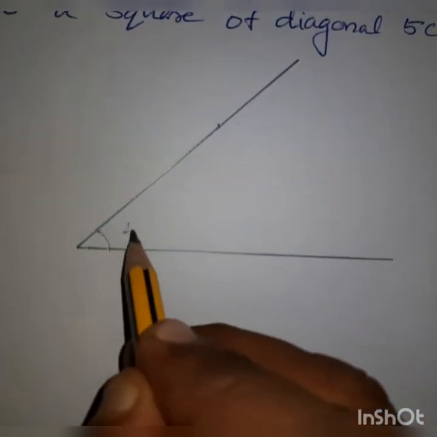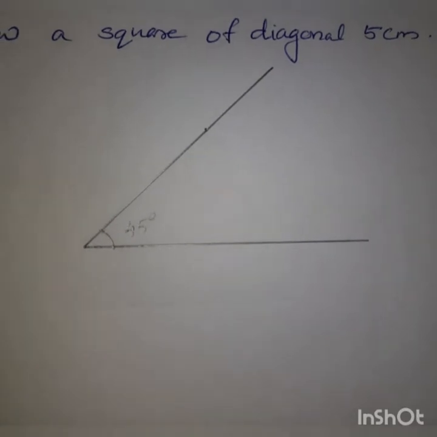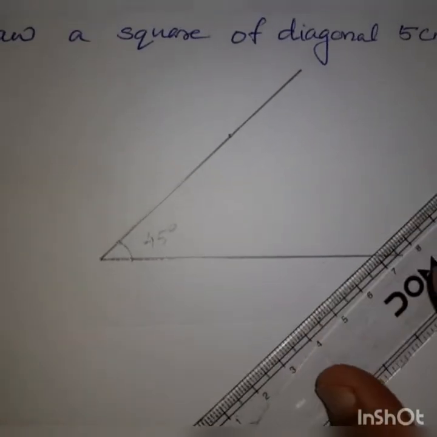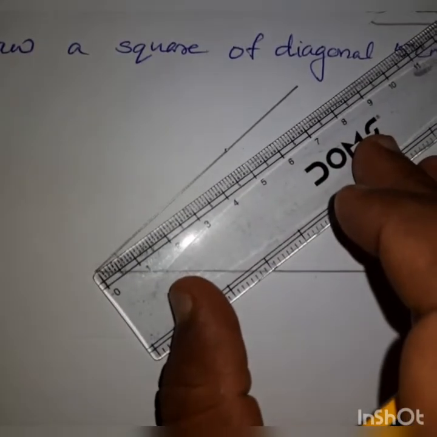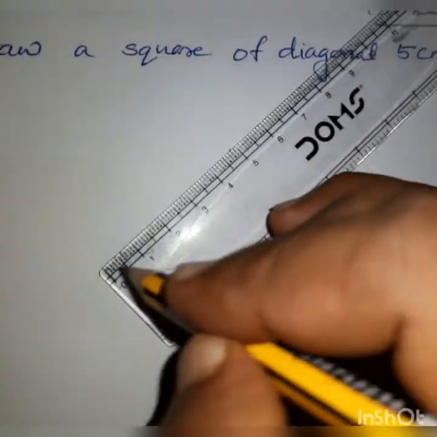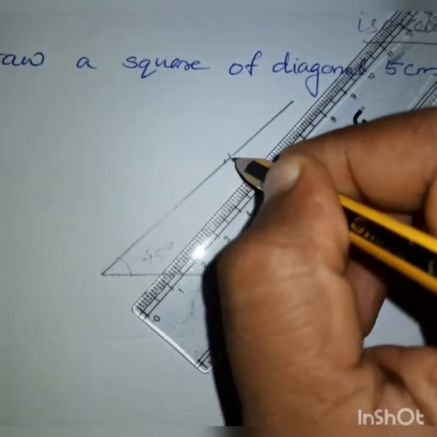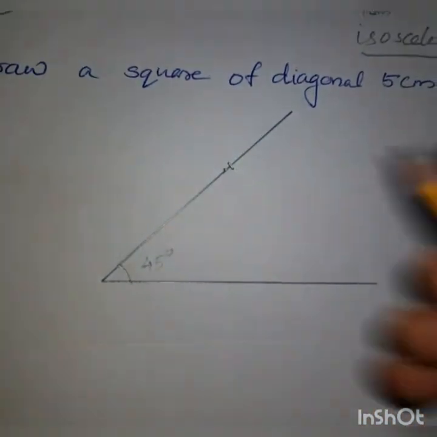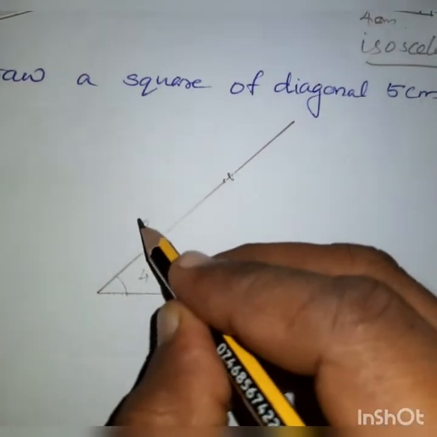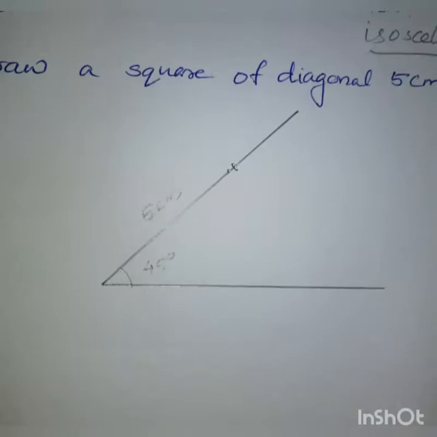So this angle is a 45 degree angle. Then make the length of the diagonal 5 centimeter. So this is the point, the line having length till here. Okay, it is 5 centimeter.